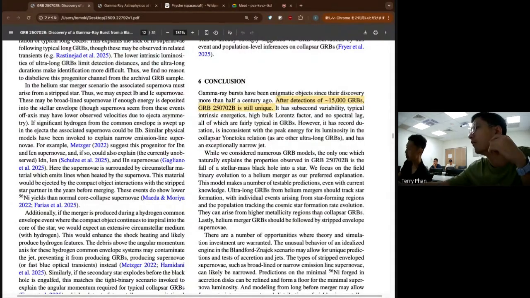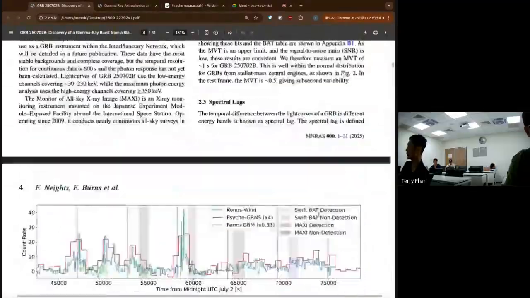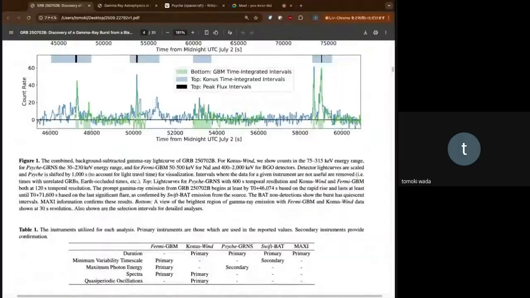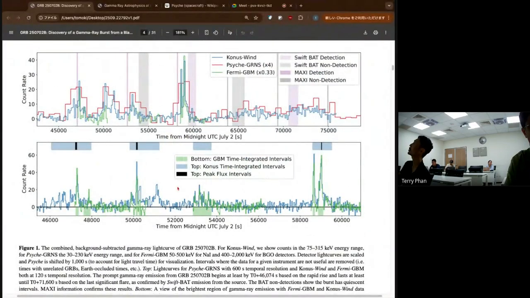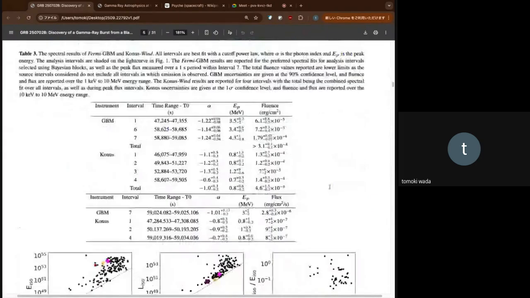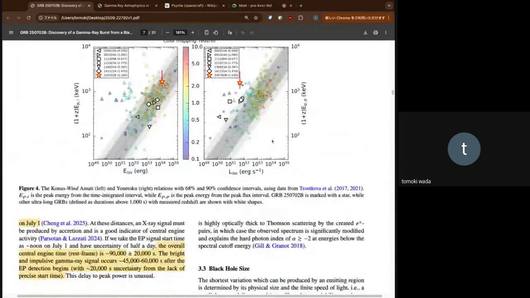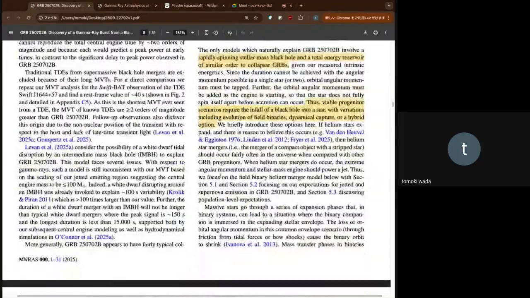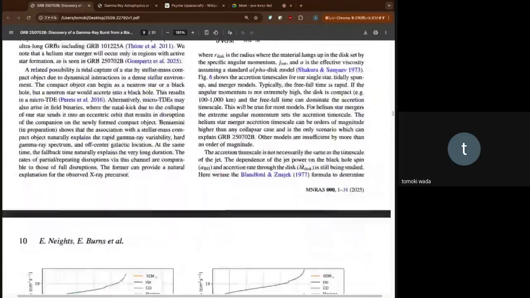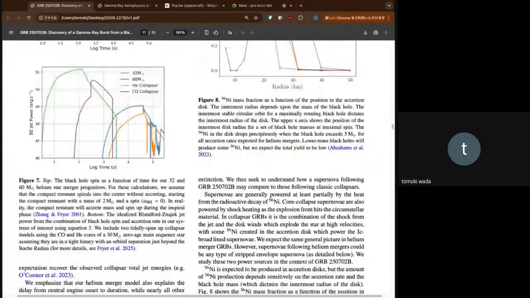So, in the light curve, there seem to be several bursts. What's the physical explanation for these big ones? Sorry, I cannot check that point.